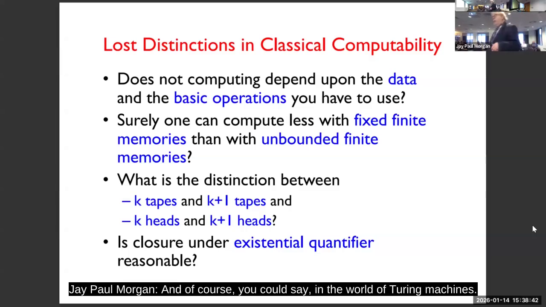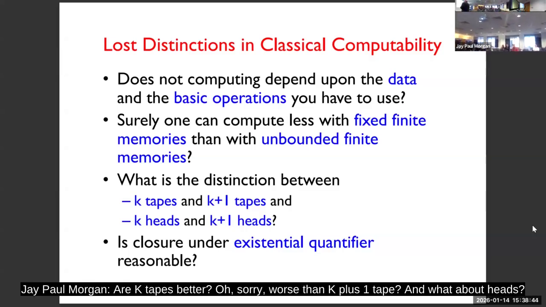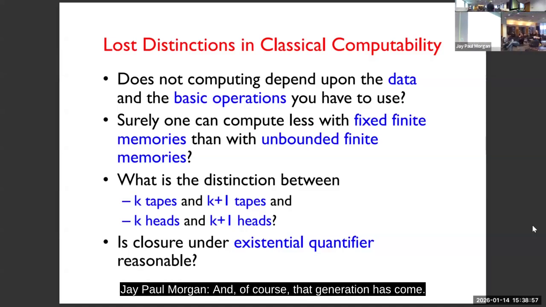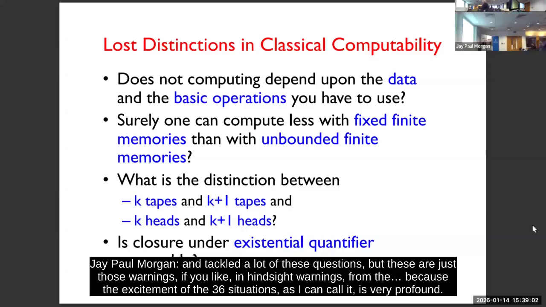And of course, you could ask in the world of Turing machines, are k tapes worse than k plus 1 tapes? And what about heads? And so on. So there are all these questions lying there, awaiting a whole new generation. And of course, that generation has come and tackled a lot of these questions.